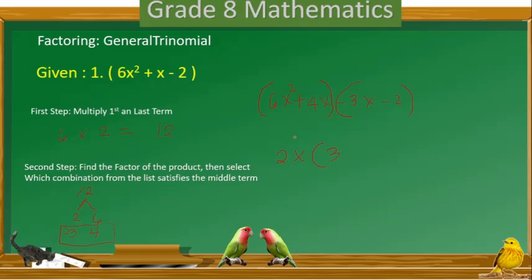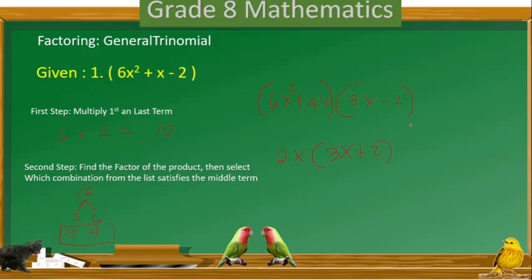X squared divided by x. When you divide a variable, the operation is subtraction of the exponents. So x to the 2 minus 1, that is just x. For 4 divided by 2, that is 2, then x divided by x cancels because they are the same.